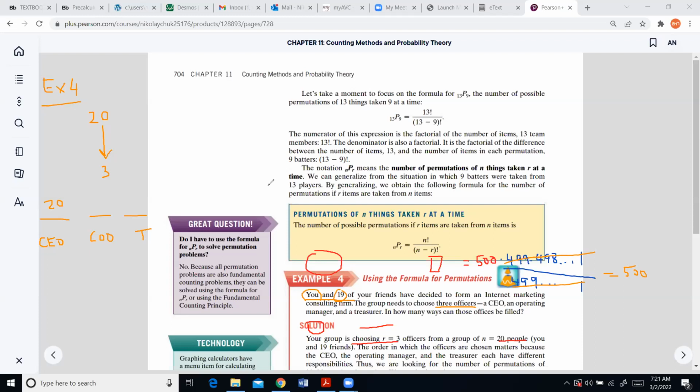And that's the main idea, because they say here they select 3 people, not 1 person to fill all the 3 positions. So once you have selected the CEO, for example, only 19 choices are left for the next. And then after you select the next one, only 18 will be left for the third.